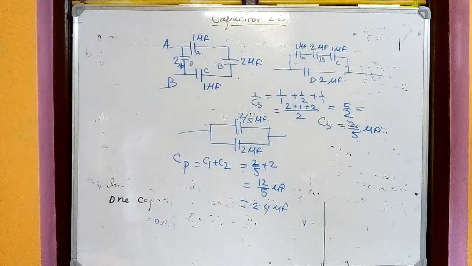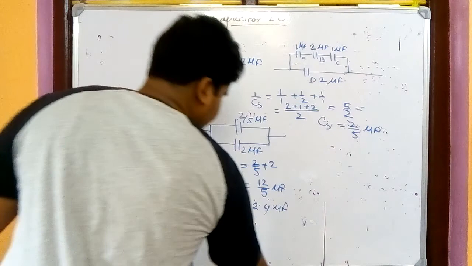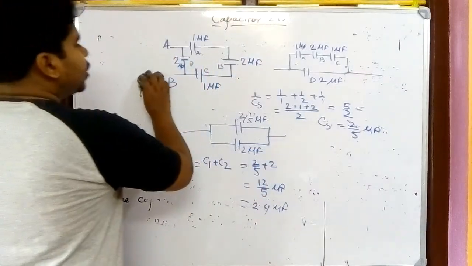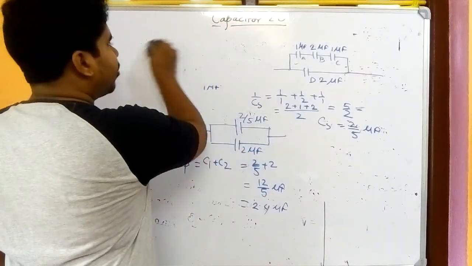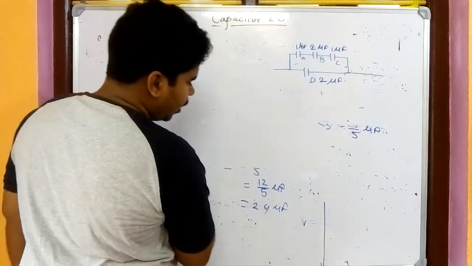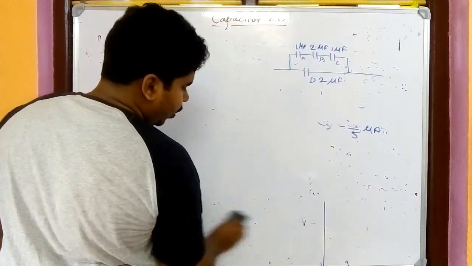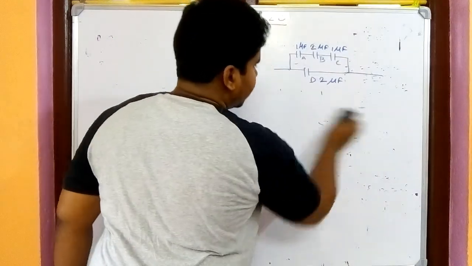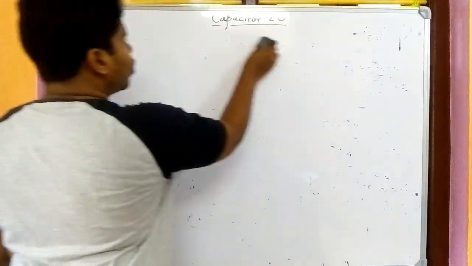Now we have to learn one very important thing, that is energy stored in a capacitor. When we are talking about a capacitor, how much energy is stored by it?